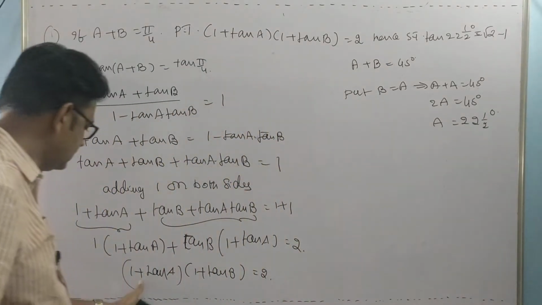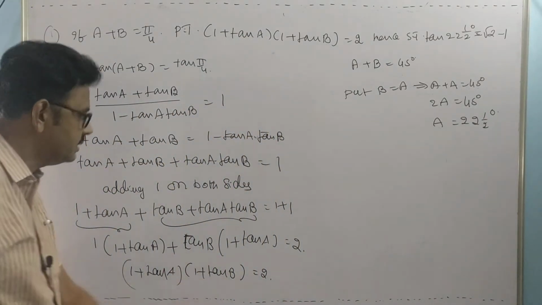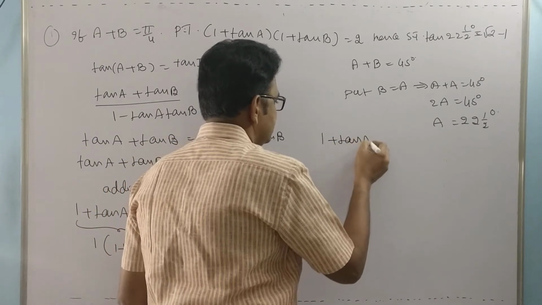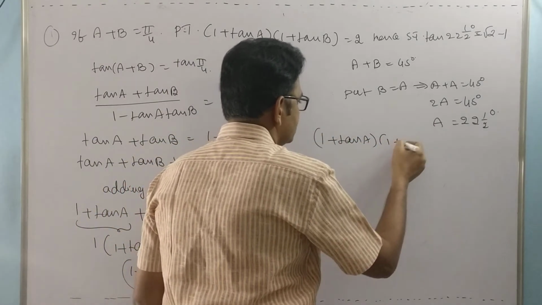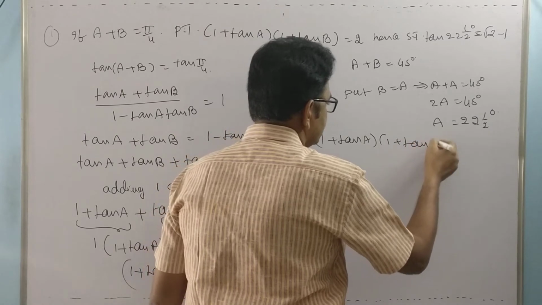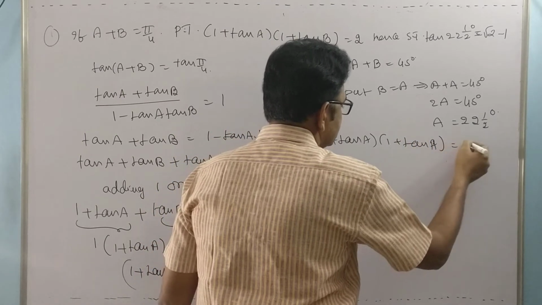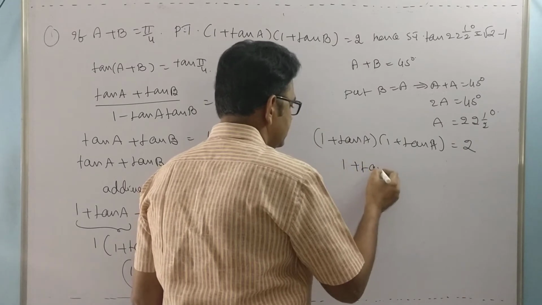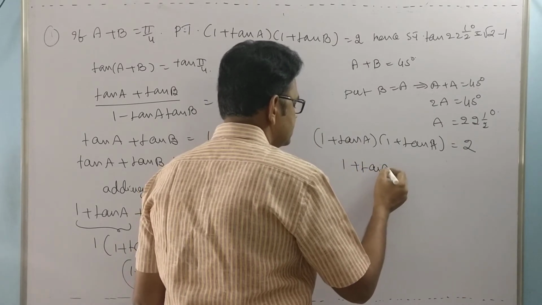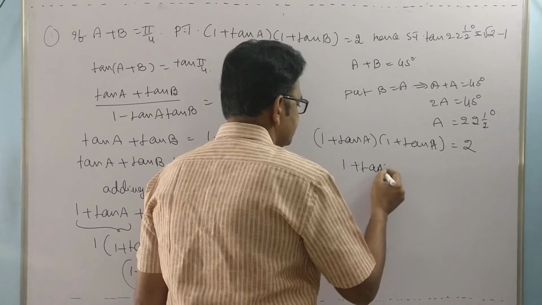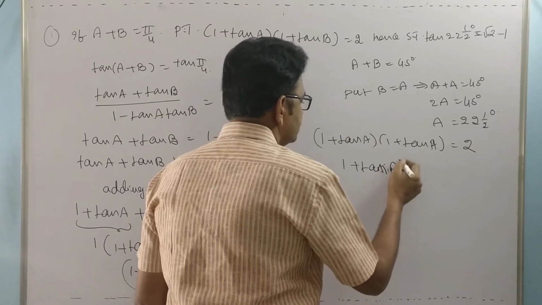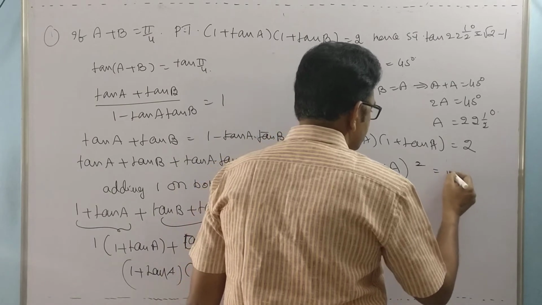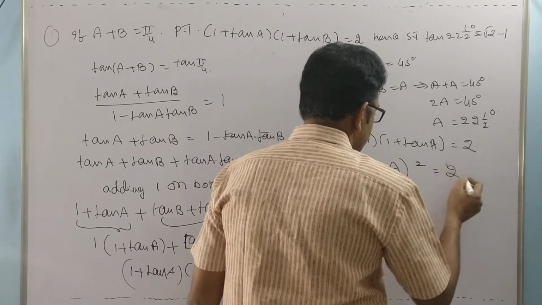Now in this result also, put b equal to a. So this is (1 plus tan a) into (1 plus tan a), where b equal to a, is equal to 2. So this is (1 plus tan a) whole square is equal to 2.